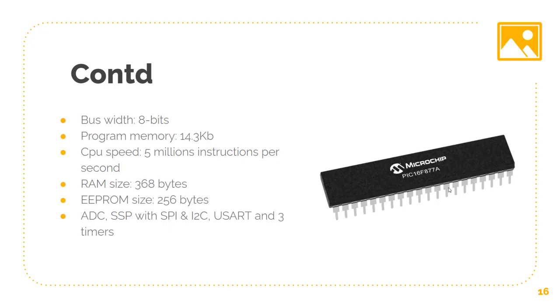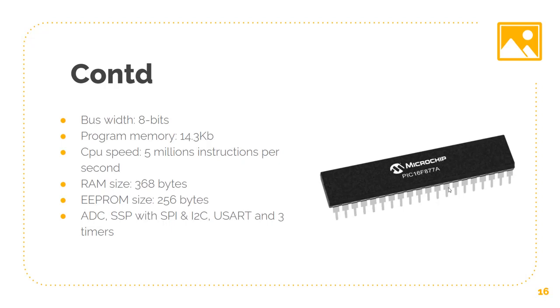The board has 5 ports: port A, B, C, D, and E. Port B to D are 8-bit ports. Port A is your 6-bit port, and port E is your 3-bit port. The TRIS register can be inputted high or low. Depending on that, the ports will either be an input port or an output port.